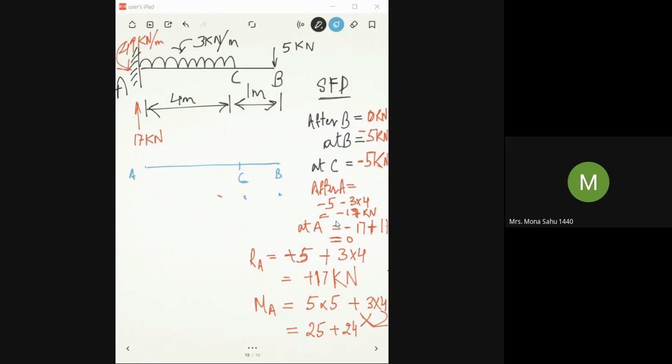So just on A you have to mark minus 17 and 0, and then join the points. So it's a negative SFD. This is minus 17 kilonewton, this is minus 5, minus 5. Clear? Okay.